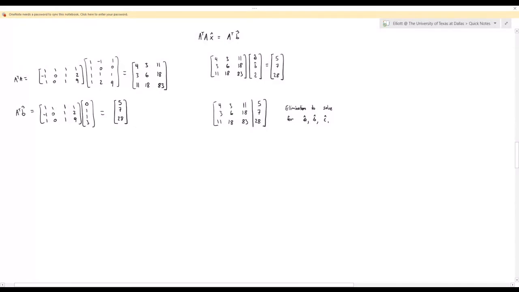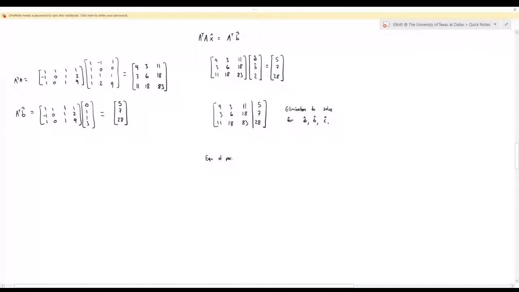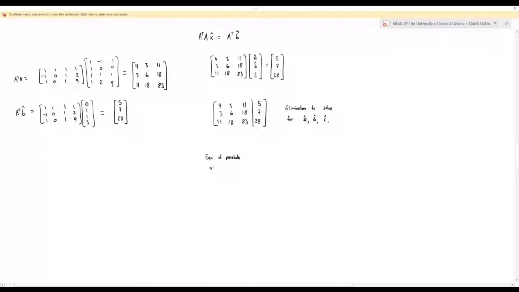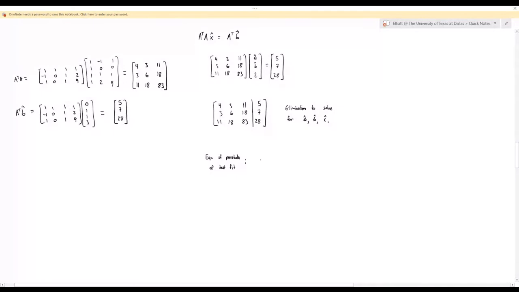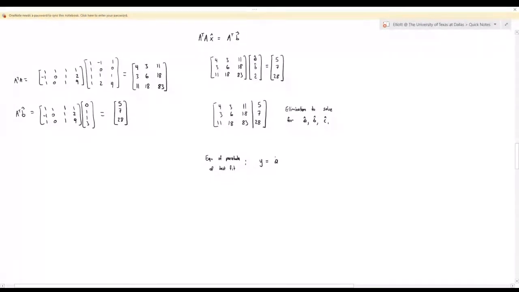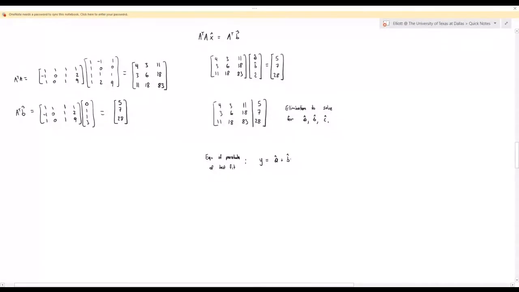Once you figure out A hat, B hat, and C hat, then for the equation of the parabola of best fit, the general equation was y equals a plus bx plus cx squared. You just plug in what you found for a hat, b hat, and c hat for the coefficients.